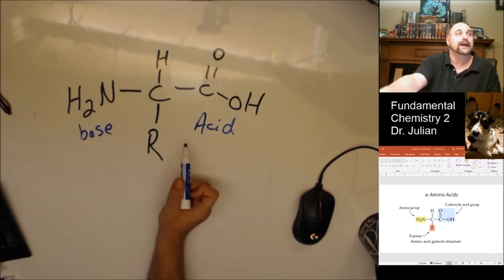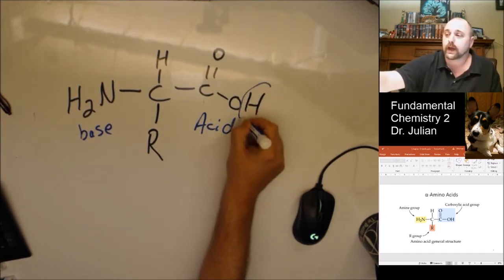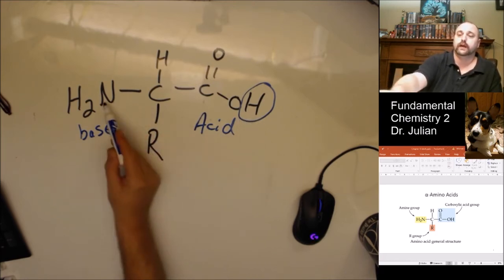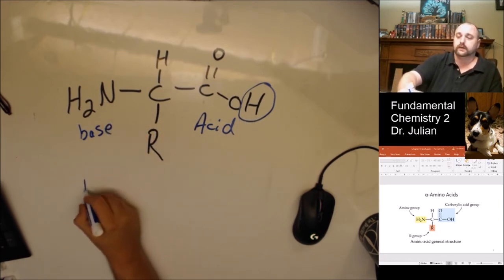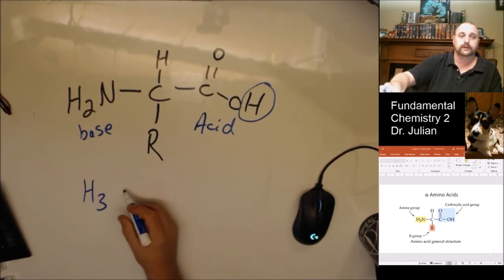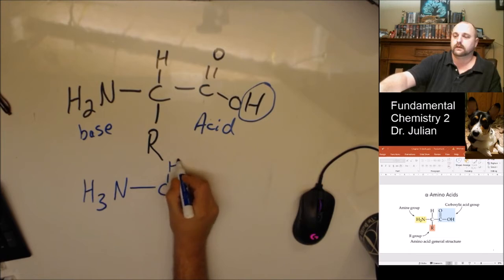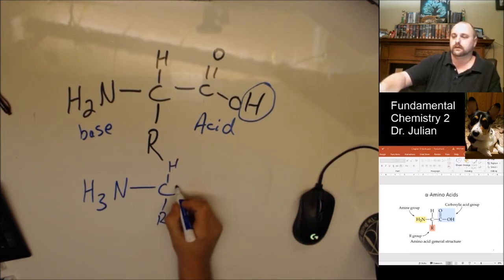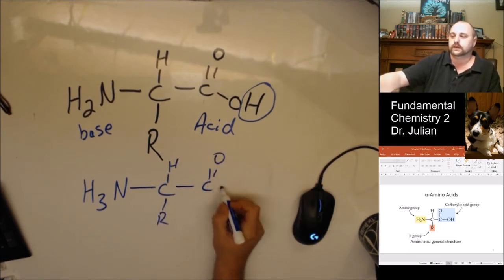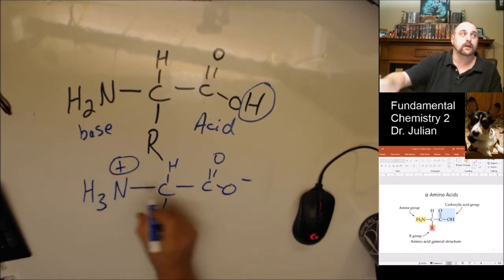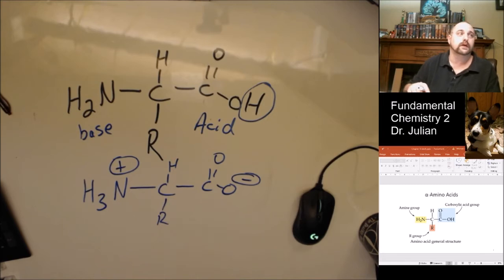So these can react with each other, and if they react, we get this proton transferred from the acid side to the base side. So now I've got 3 protons over here, and I'll have a deprotonated acid. So I'll have a positive charge on this side and negative charge on that side.